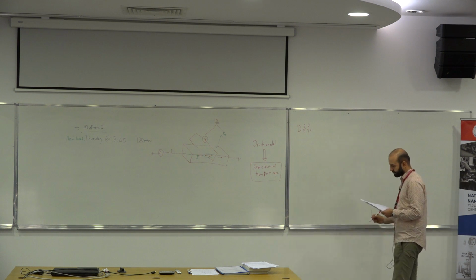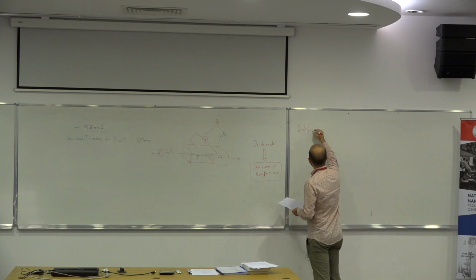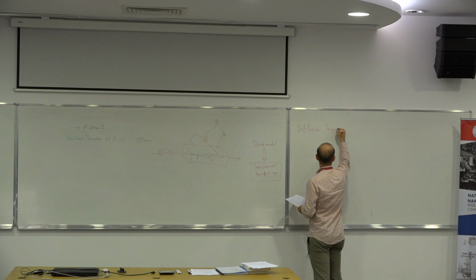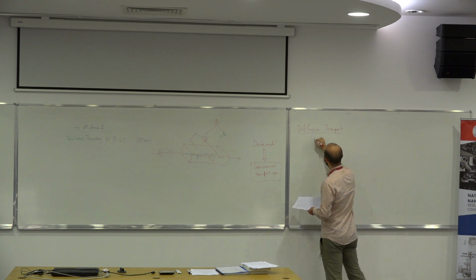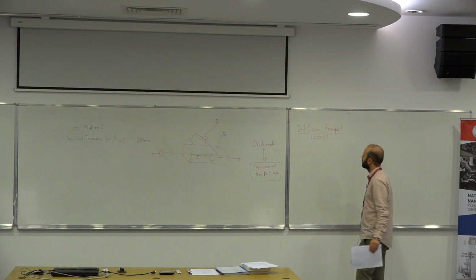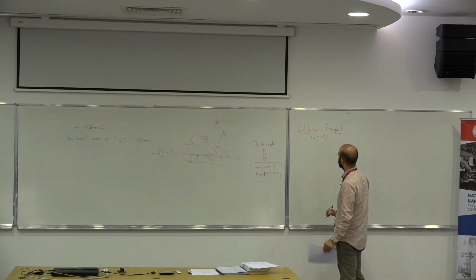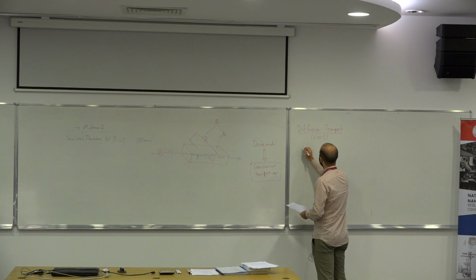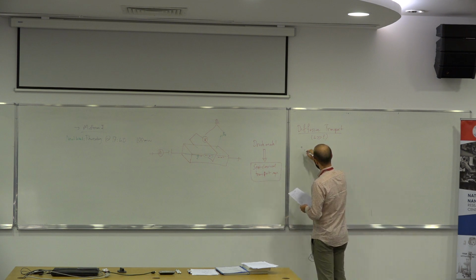Now, diffusive transport. This means the length of my sample is much greater than the scattering length of the electrons. Okay? Now, the first thing that I assume is this.